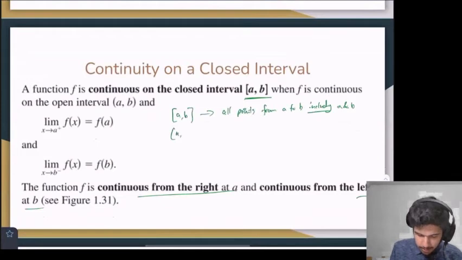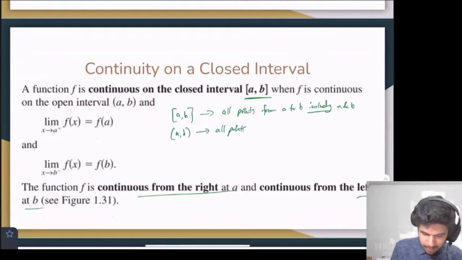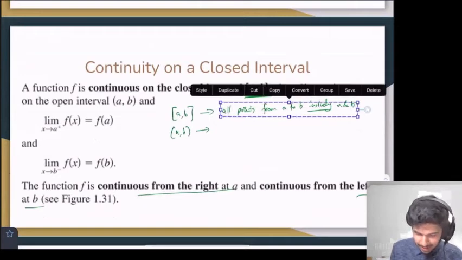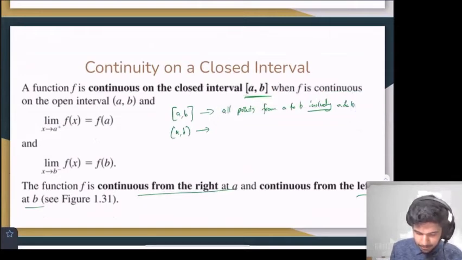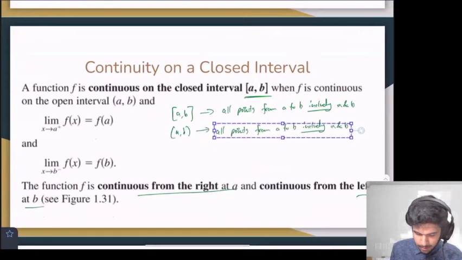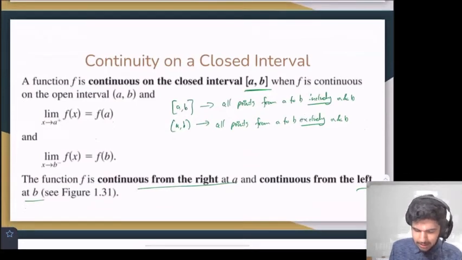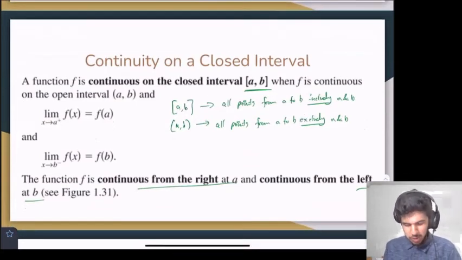And when it's parentheses, it's all points from a to b, excluding a and b. Let me just copy and paste it, and change this to make sure it's correct. It's essentially the same thing, just two points are included in one and not in the other.